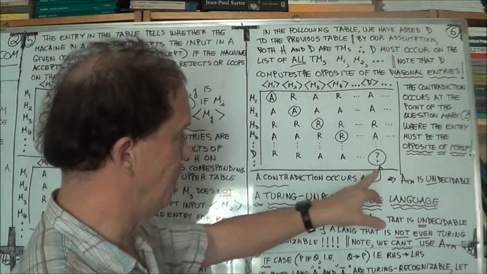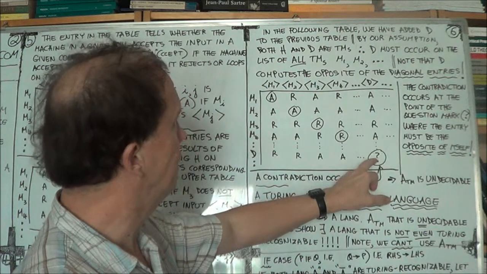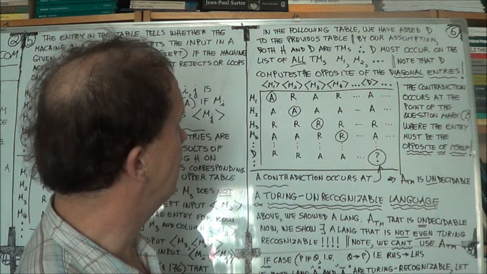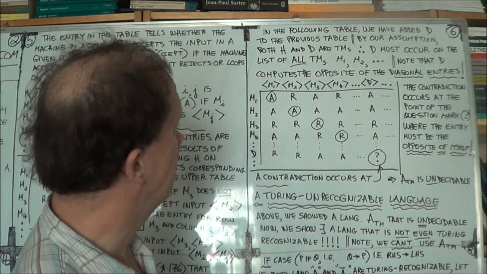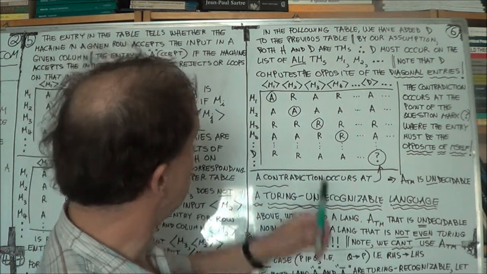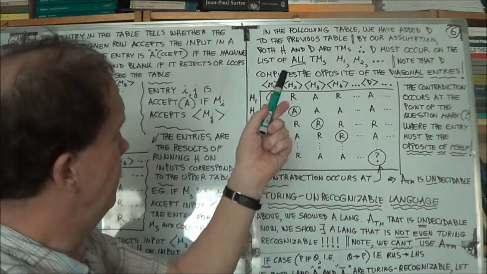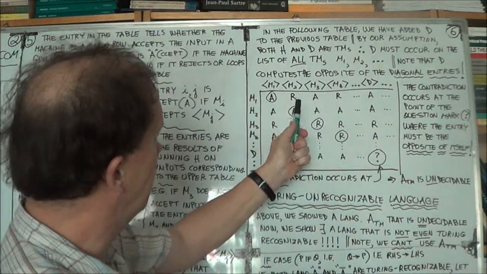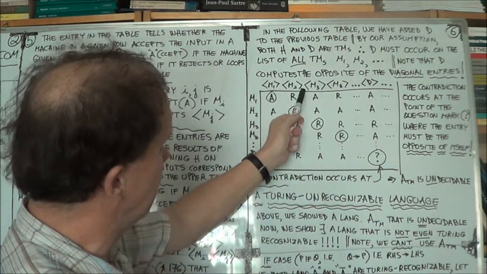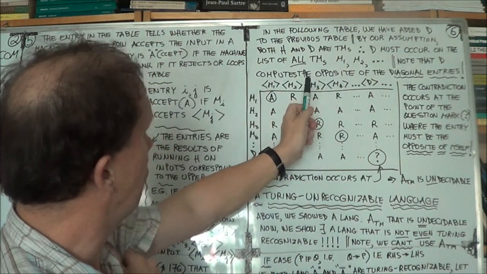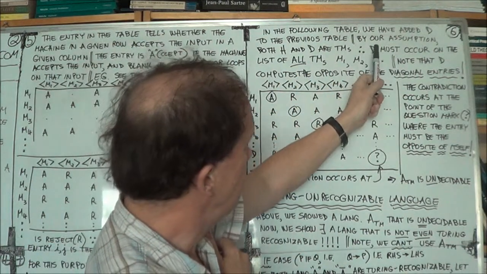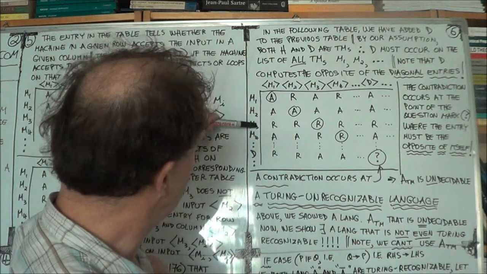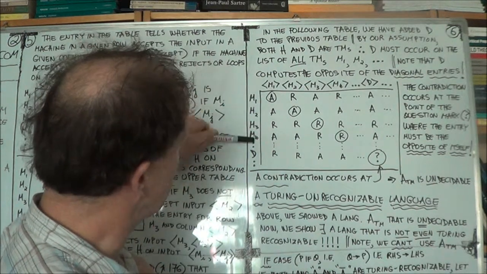So the contradiction occurs here because, let's see, I'll make this a bit clearer. Again, I didn't find Sipser clear on this point. Okay, so D is the Turing machine. That's clear. So it must be one of these, because this is the list of all Turing machines.